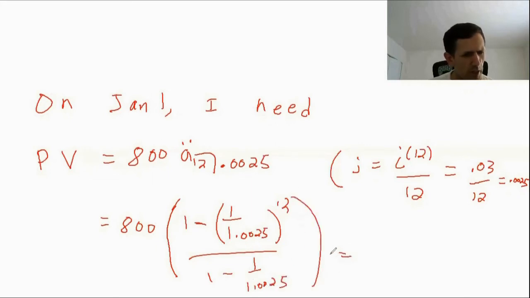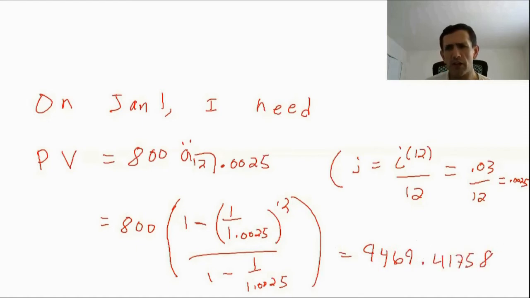And this is going to be equal to 9469.41758. This is how much I need on January 1st.